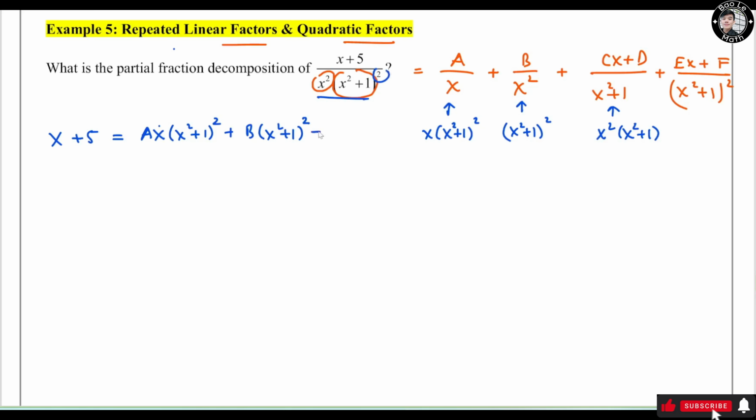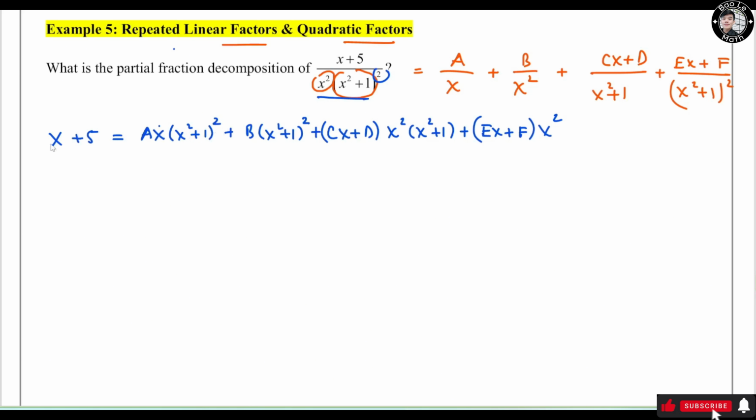So you have cs plus d times s squared plus 1. And the last one, you only mix s squared, so it's going to be plus es plus f times s squared.